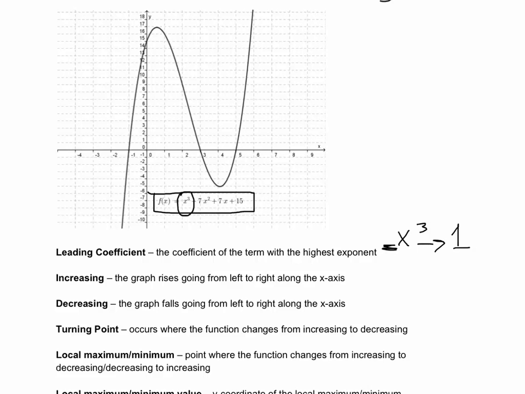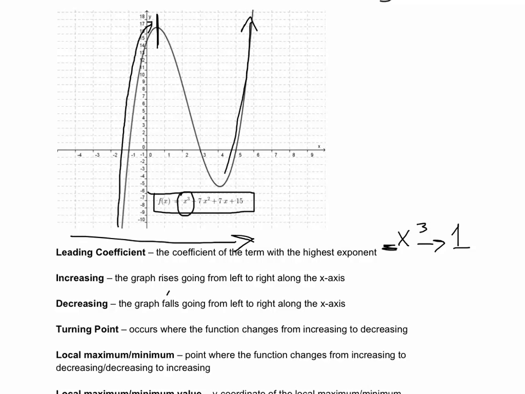In terms of increasing, the graph rises when going from left to right along the x-axis. If we take a look at this graph here, it is increasing as we go left to right from negative infinity all the way up to 0.5, and then it also increases from 4 on.